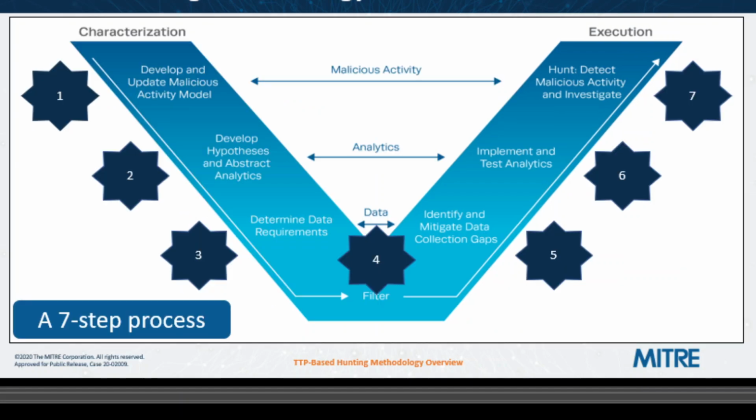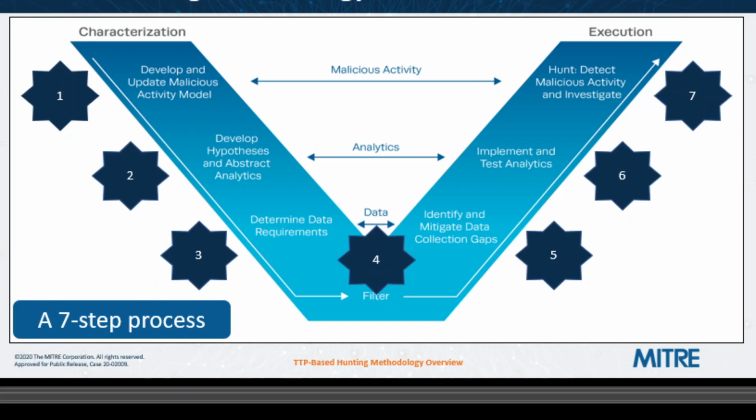So looking at the overall V, we can see there are 7 steps to this, 3 steps coming down the V on the left as we define malicious activity, we develop our hypotheses, and determine our data collection requirements. There's a 4th pivoting step from abstract requirement generation into the implementation phase.